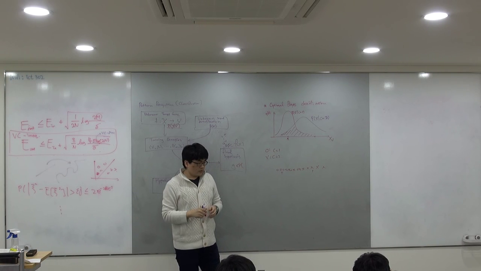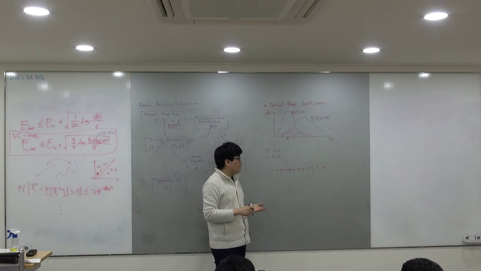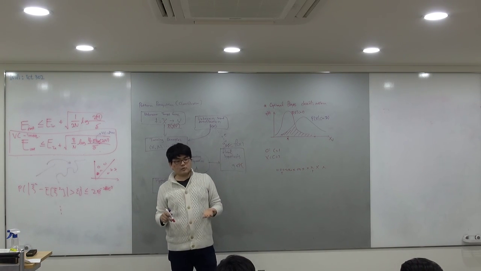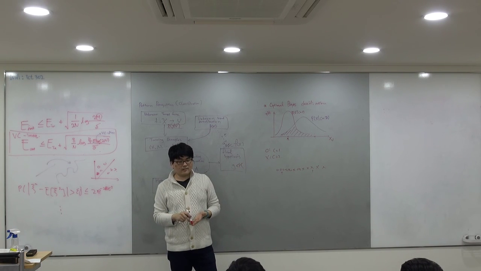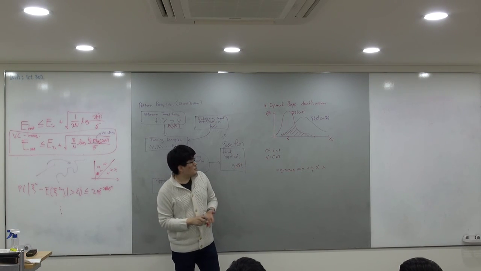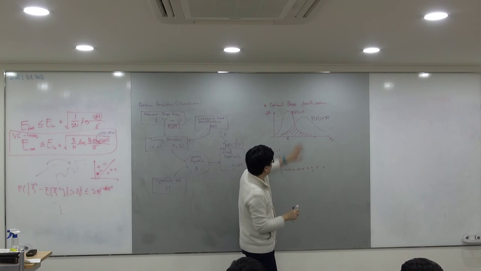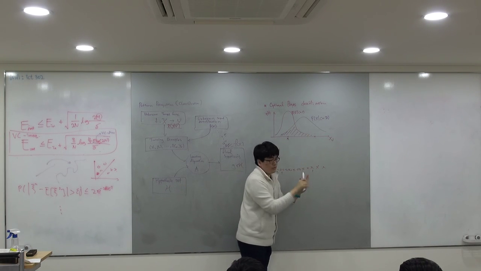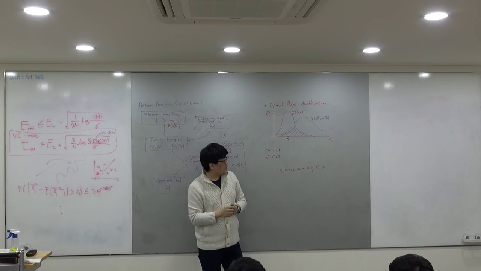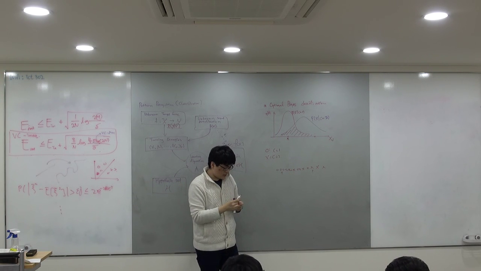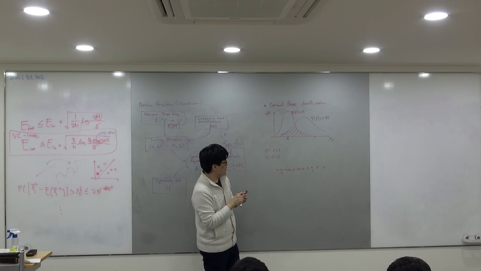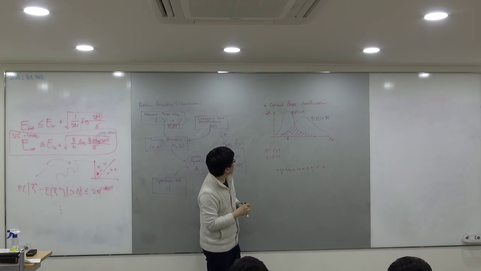So you cannot get 100% accuracy or 0% error, always, because as long as these two distributions overlap. That's what the optimal Bayes classifier said.